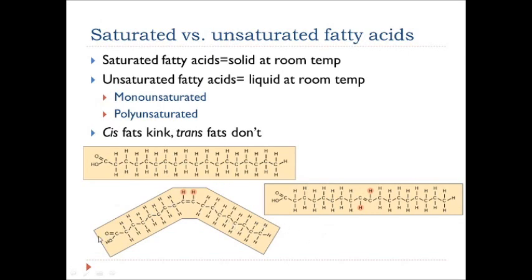This is important because as they accumulate within our bodies, less can accumulate if they form this kink in their structure than if they are linear, which has large implications in accumulations in our arteries and excessive fat deposits.